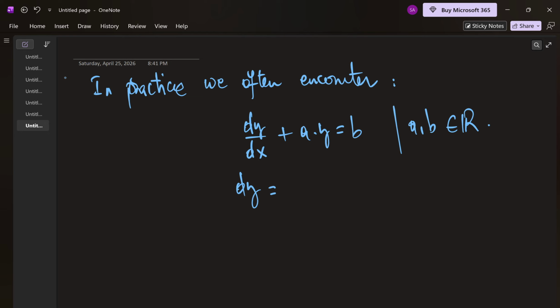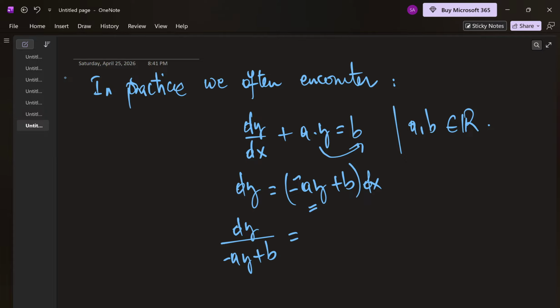What you get is dy is equal to, you take this to the other side, minus a times y plus b times dx, and now you get dy over minus a y plus b equals dx.